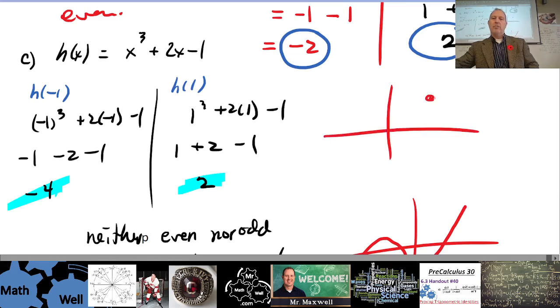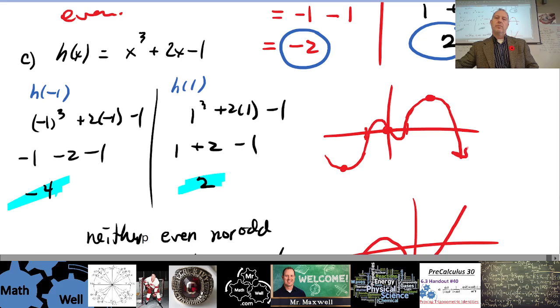Because if you know you have a point here and it's an odd function, there's one over here. And if this is a local max, well, this is a local min, because all the other points would have to mirror it, and so on. If this is an x-intercept, this is an x-intercept.